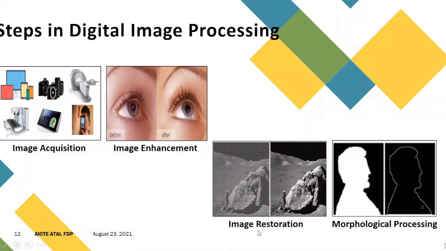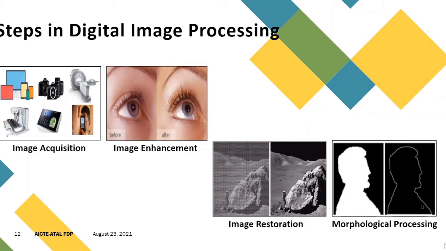Next, you can see image restoration. Here you can see two images. In the first image, you can see a blurred image, and the second is the quality image where the clarity has been improved. So restoration is what? When you are clicking any image, sometimes the quality of the image is not good.